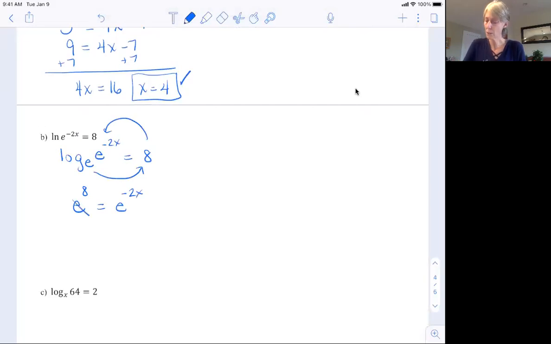And now I can cancel my bases. And x is going to equal negative 4. And this is something that I plug into an exponential function, so I'm okay with that. I can plug any number and I'll get an answer.